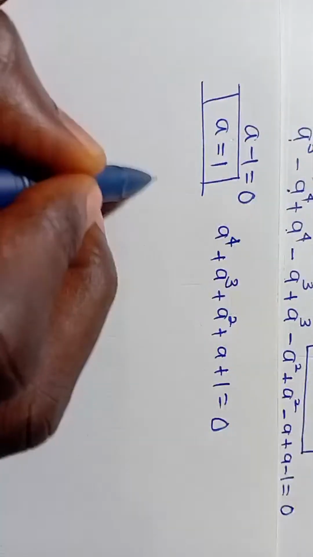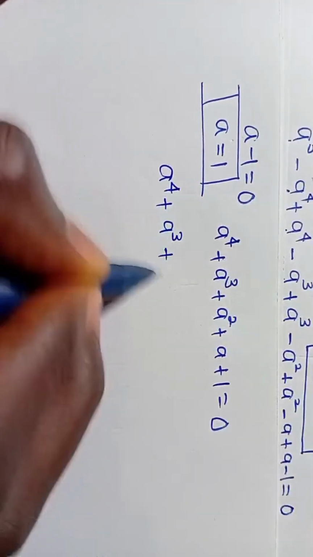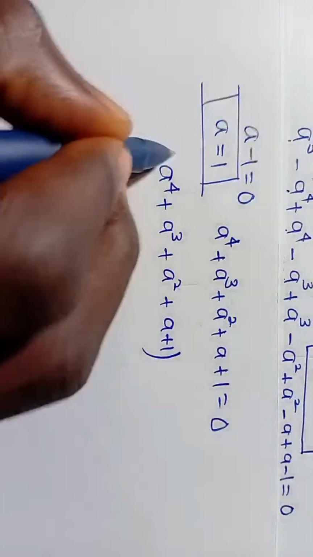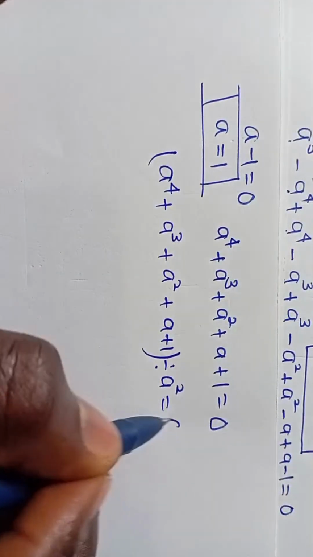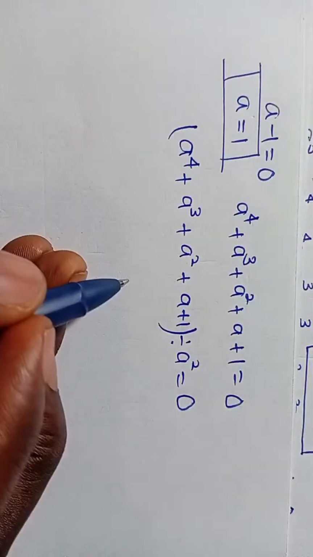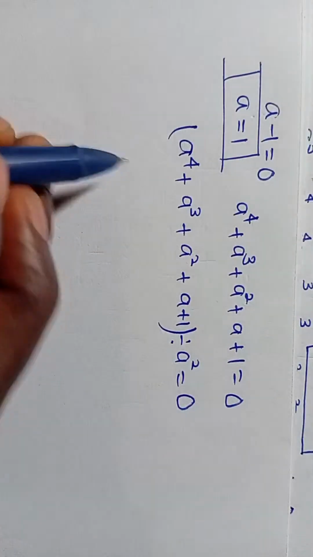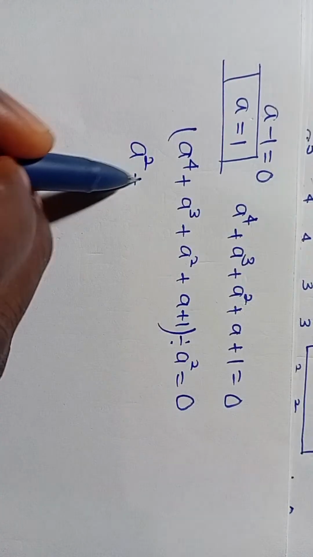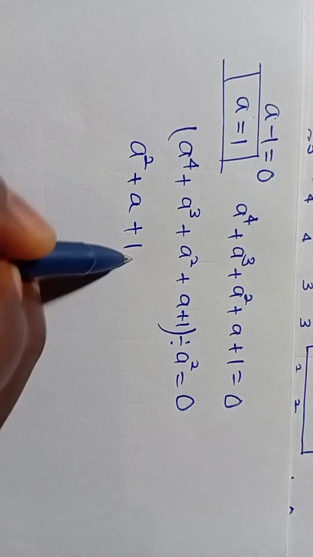So from here, dividing through by A squared, we have A to the power of 4, A to the power of 3, A squared plus A plus 1 divided by A squared. 0 divided by A squared here will be 0. Now, from here we have A to the power of 4 divided by A squared will be A squared. This divided by this will be A. This will be 1.